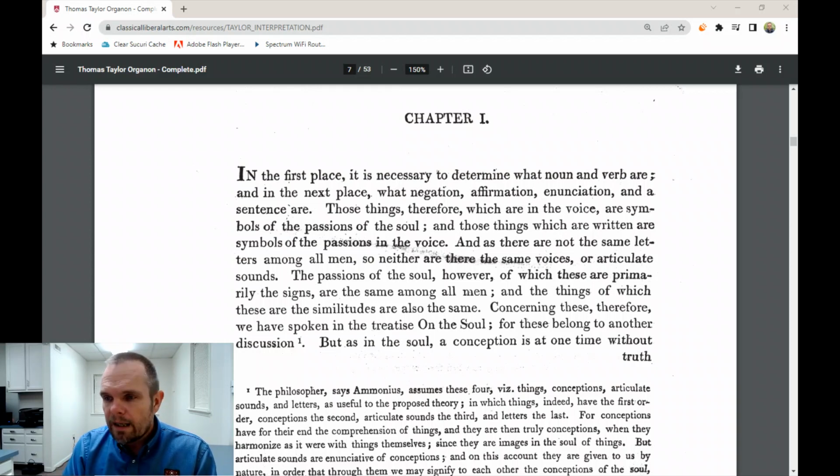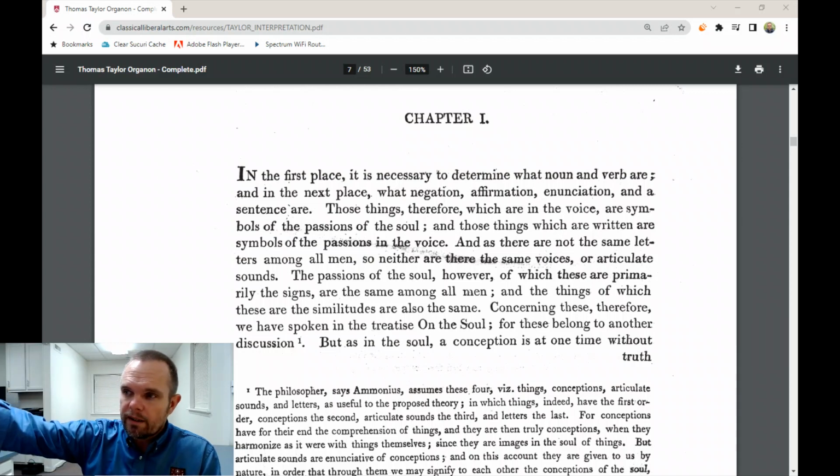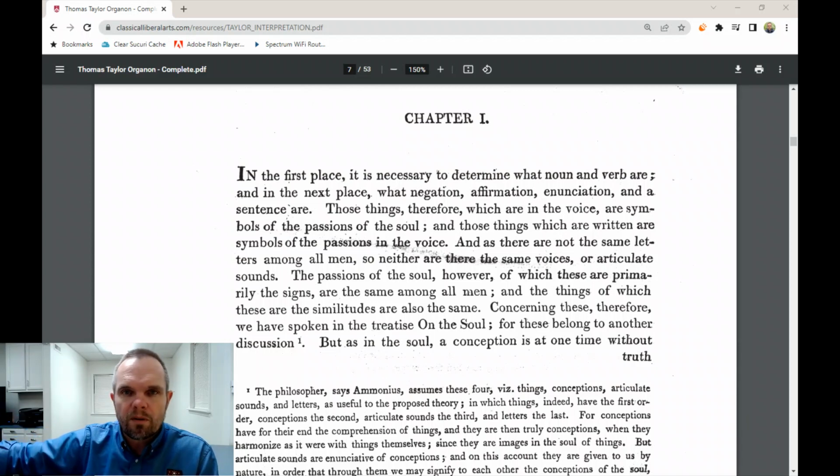As there are not the same letters among all men, there are not the same letters or written symbols among all men. So if we were to look at the Greek language and the English language and the Chinese language, we would easily see that the written symbols used by different people are not the same.